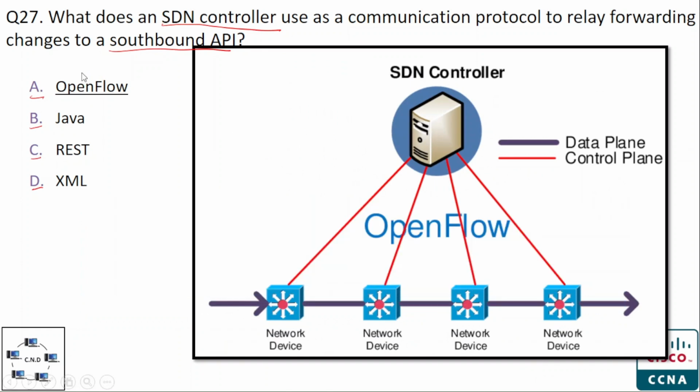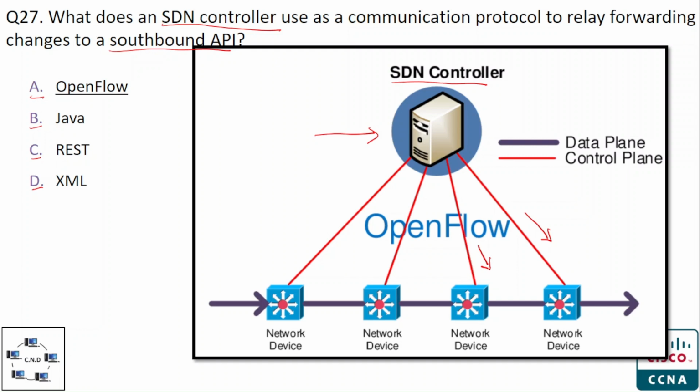OpenFlow. Let me go back a bit. So this is an SDN controller, and this controller talks with the network devices. The controller is in the control plane, and these devices, the network switches, are in the data plane. This is what we call the southbound API.